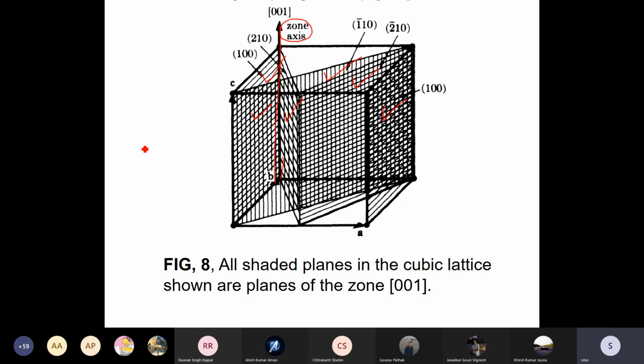So why zone axis, this exercise, what is the purpose of doing it? Purpose of doing it is this, to teach you how this concept will allow you to apply this theoretical knowledge in practice. So look, if the incident electron beam is parallel to the zone axis, then this beam is parallel to all these planes I showed you.